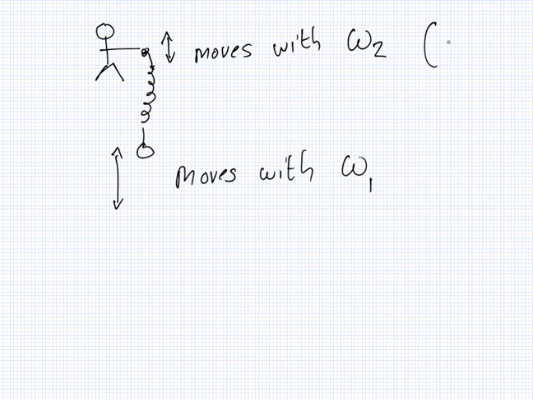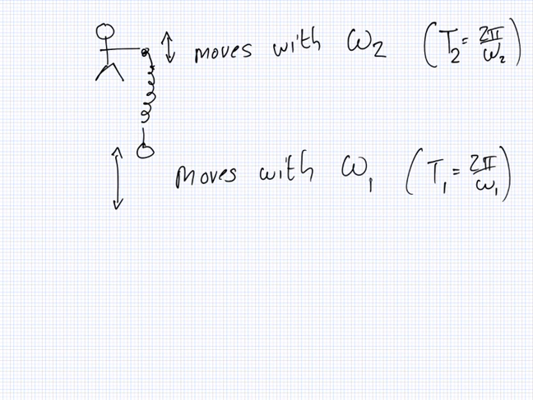How can we calculate omega? T2 would equal 2 pi over omega 2, and T1 equals 2 pi over omega 1. So if you know what the T is, you can easily get the omega.